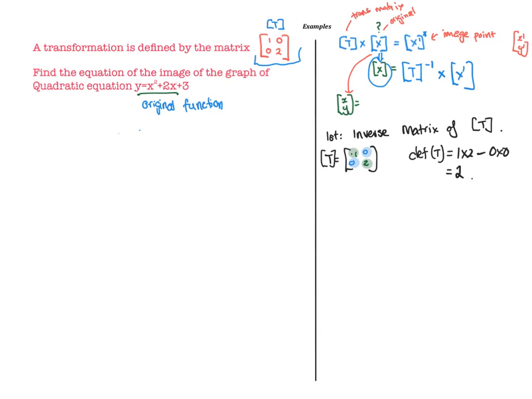And then you follow the inverse, so inverse T is equal to 1 over the determinant, which we've just found is 2. And if you remember we swap these numbers. So 2 will come up here, 1 will go up there, and then we make these ones negative. If I make 0 negative, is that really going to affect it?